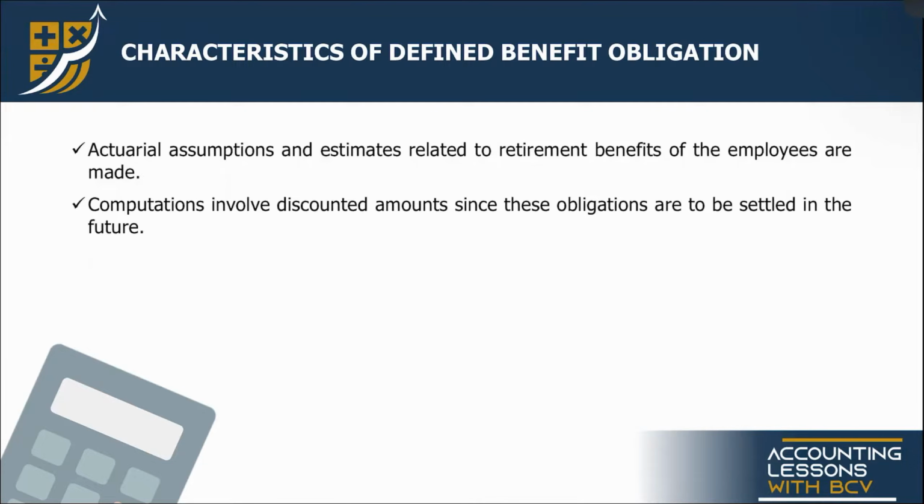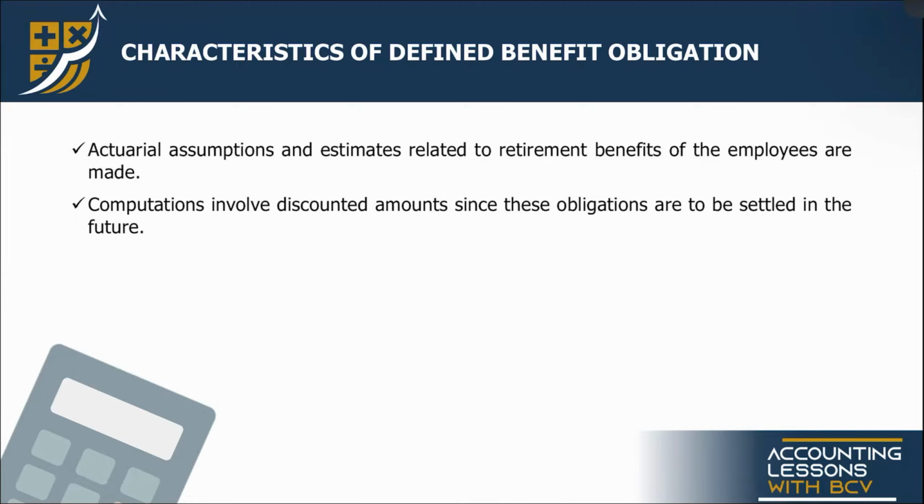computations involve discounted amounts since these obligations are to be settled in the future. Just like what I have mentioned earlier, when we talk of retirement benefits, these are to be settled in the future pa, no? So habang nagtatrabaho si employee, nag-accumulate lang yung retirement benefits niya. Then, yung accumulated amount, babayad yan sa kanya kapag siya'y nag-retire na.